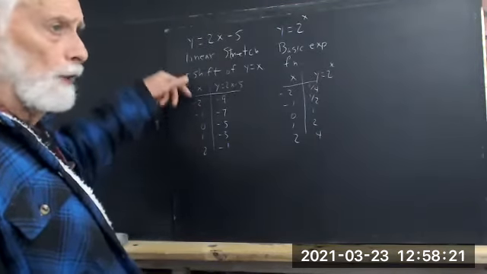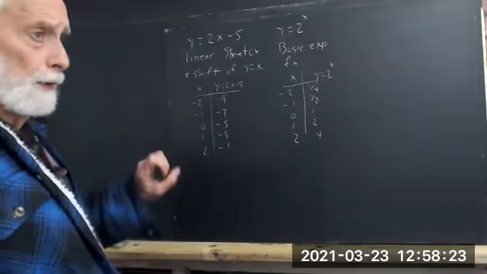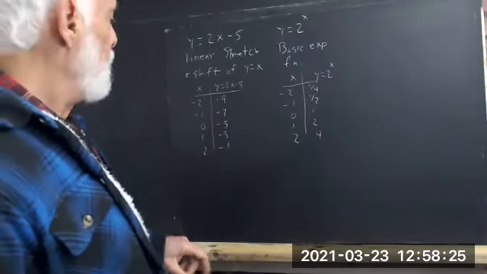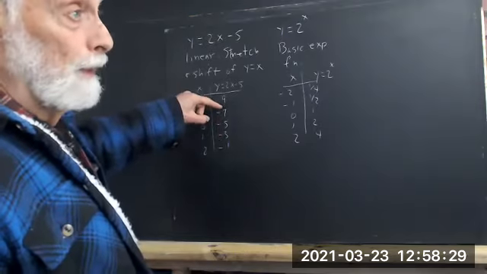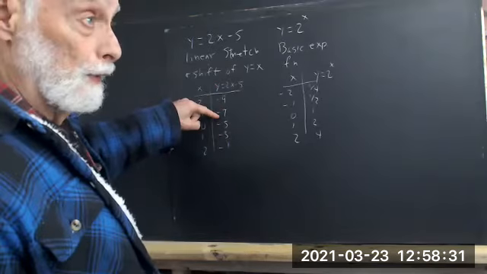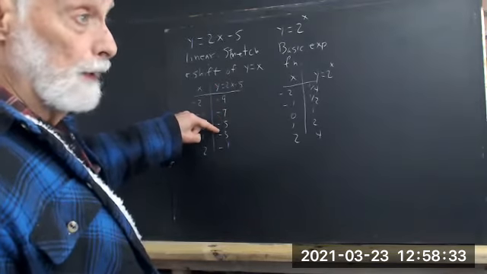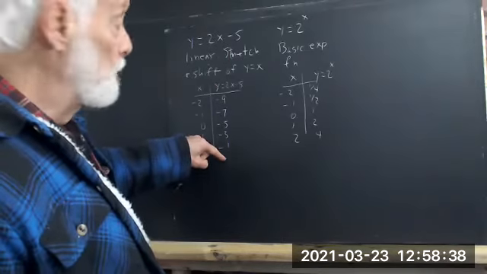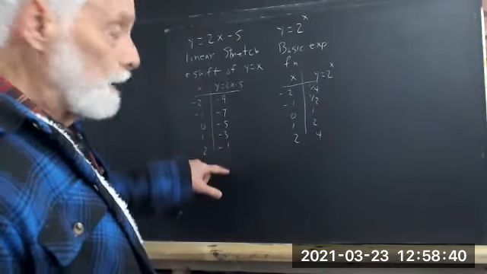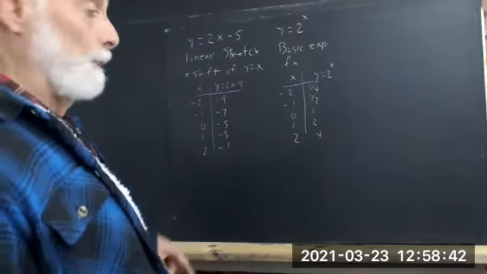So these numbers change at regular intervals, the x values. The y values also change by the same amount every time. You add 2 to -9, you get -7. You add 2 to -7, you get -5. Add 2 to that, you get -3. Add 2 to this, you get -1. So you can immediately see that this is a linear function.